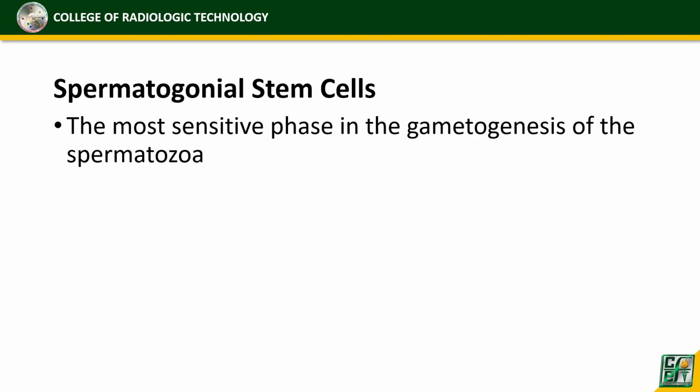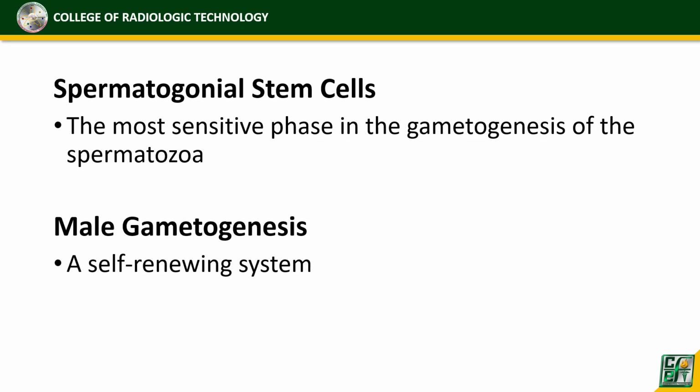So spermatogonia is the most sensitive phase in the gametogenesis of the spermatozoa. So, nabanggit natin yan kanina. So, male gametogenesis is a self-renewing system.